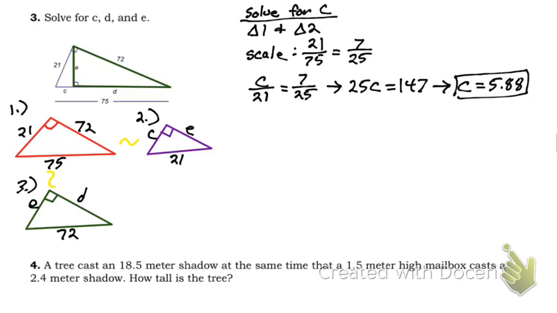Rather than going to another triangle to find E, I'm going to use this triangle to find E. So that's going to be E over 72 is going to equal 7 over 25, which is then going to give me 25E equals 504, which is going to be about 20.16.